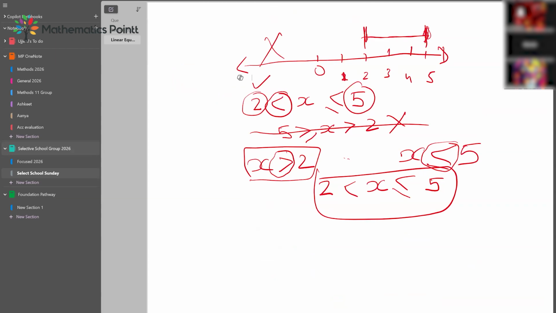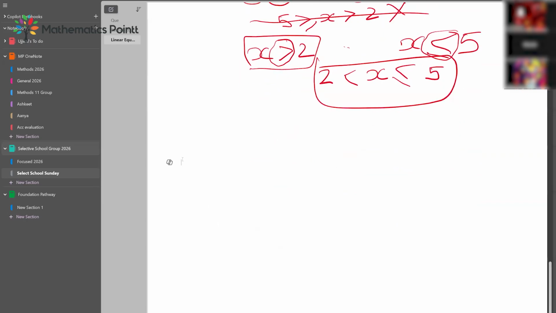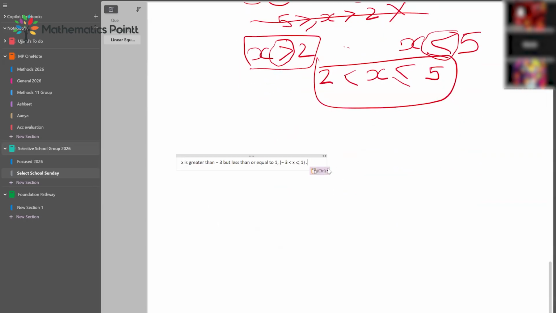Now, if I say, not sure, can I copy it here? Or I can try. Copy. I can. Can you see this by any chance? X is greater than -3, but less than or equal to, he's giving you the answers. All right.